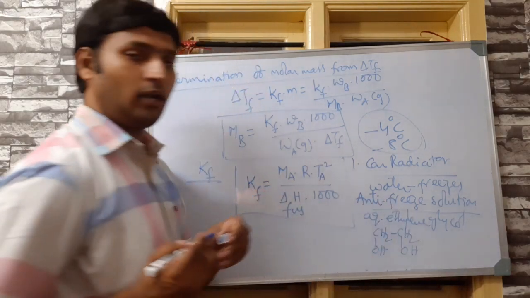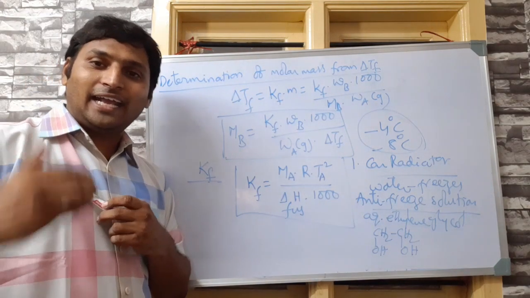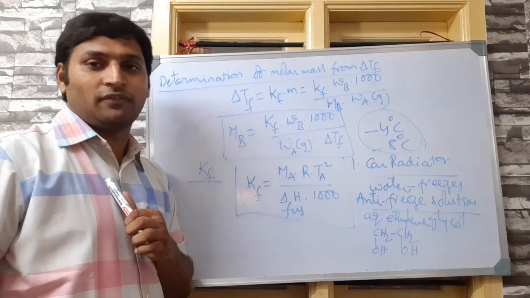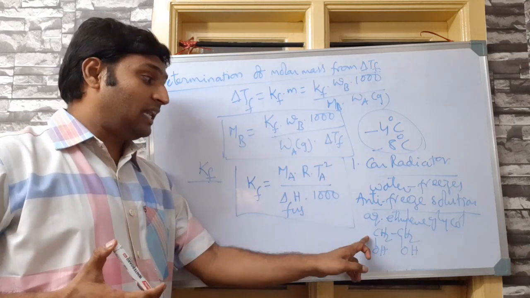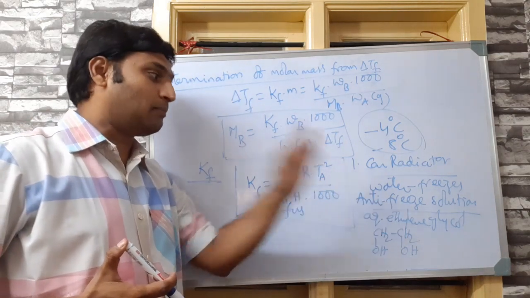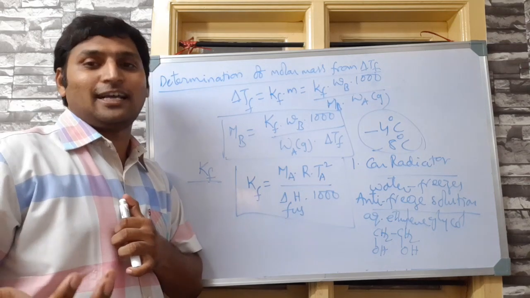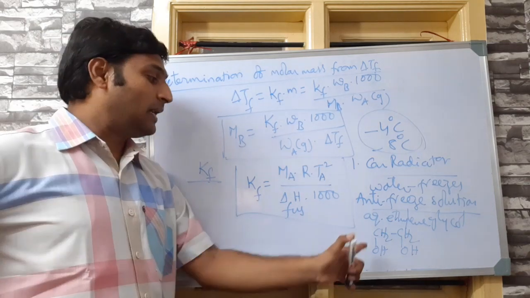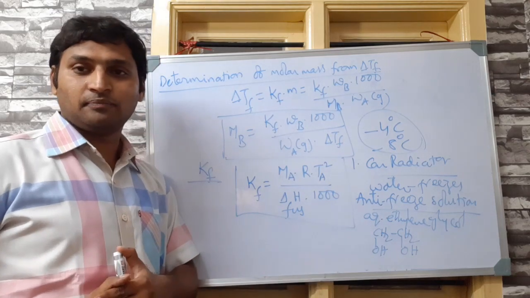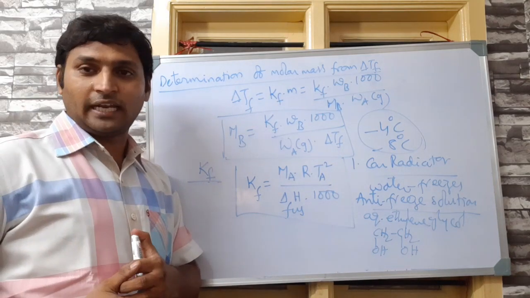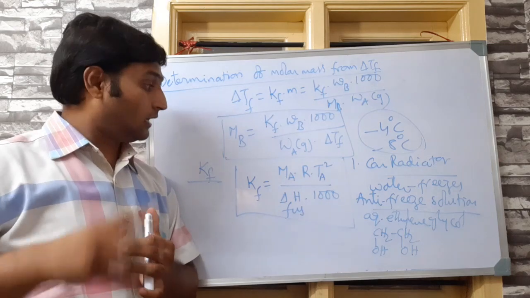This is ethylene glycol. Now, when you add aqueous solution of ethylene glycol to radiator, ethylene glycol would have reduced the freezing point of water to great extent. Now, to how many degrees it has to reduce can be managed by adjusting the composition of ethylene glycol, by adjusting the mole fraction of ethylene glycol. Add more ethylene glycol.